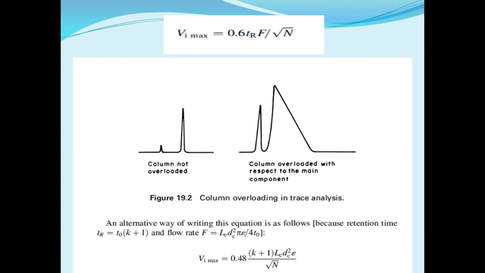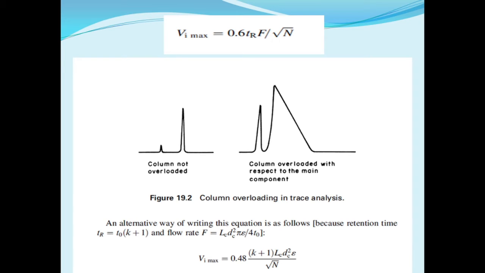The third best approach is to use a column packing with small theoretical plate height. This is obtained by a small particle diameter, excellent packing, and good mass transfer properties of the stationary phase. The column must be run at its Van Deemter optimum.